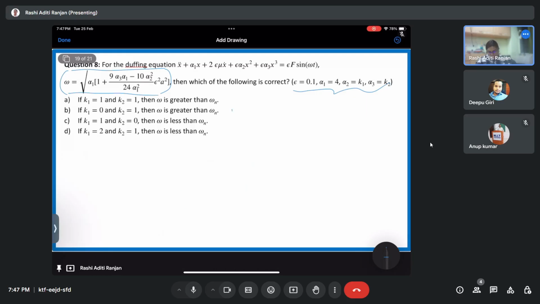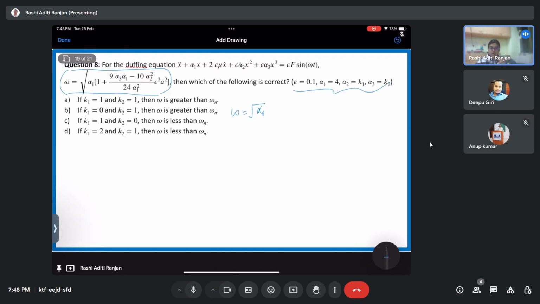So we have omega is equal to, okay, there is some change because of the transfer of the PPT, a different version of the software. So the under root is just for alpha 1, okay? It is not for the whole term.